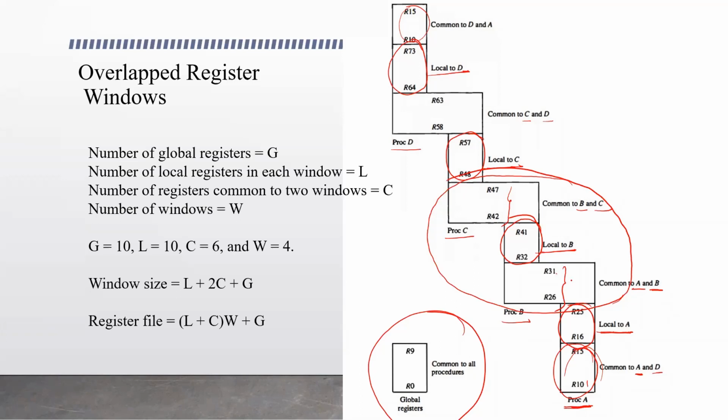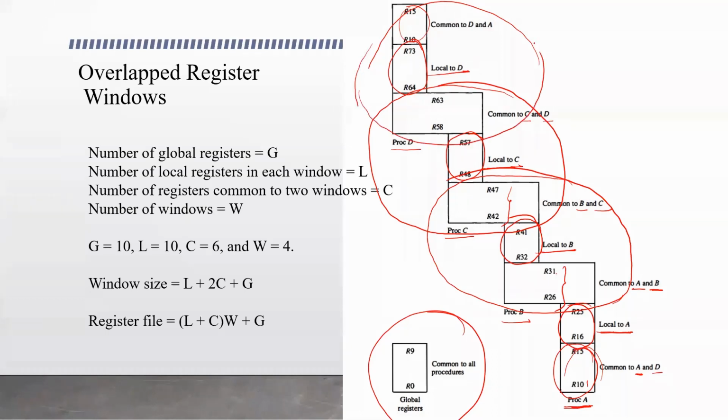Here, two groups of common registers and one local register set: the registers local to C, common to C and D, and common to B and C. In the same way, the registers common to D and A, and common to D and C, form a window. By overlapping of these register windows, it is possible to make the procedure calls easy.